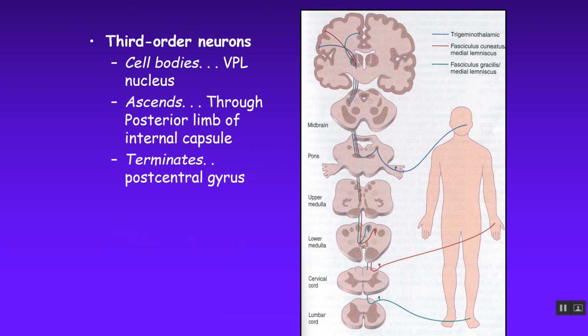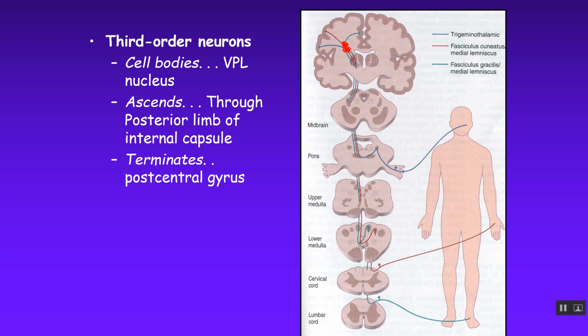I've already mentioned this. So that third order neuron coming from the thalamus up here ascends to this region right here, that's the internal capsule. That's where you have a lot of those white matter fibers. You have both motor and sensory fibers running through that. There's a little condensed region right between your thalamus and your basal ganglia structures where things get narrowed down.